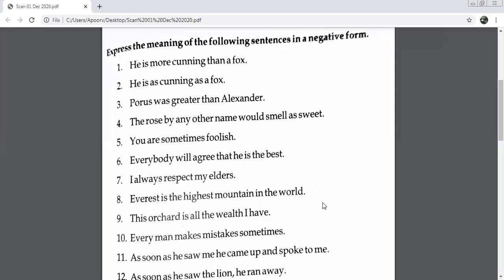Raise your hand so that I get an idea who all have done. Okay. Soumya, Ritul, good.